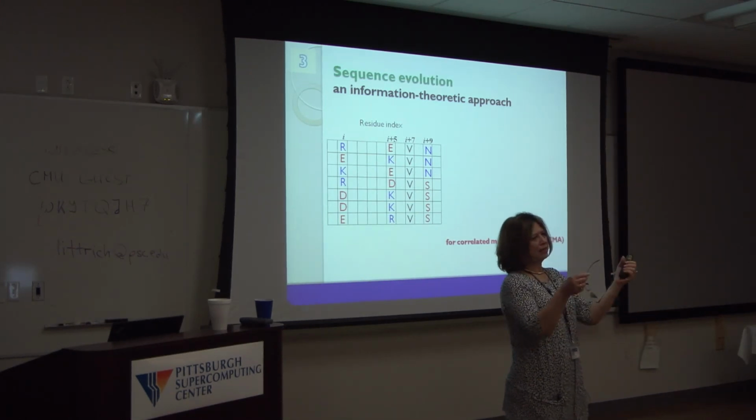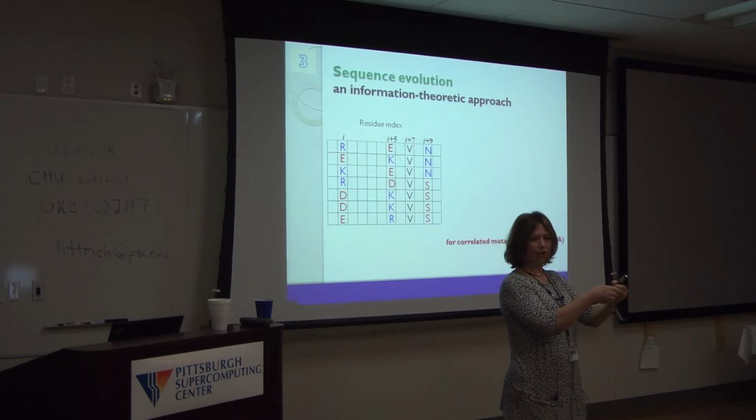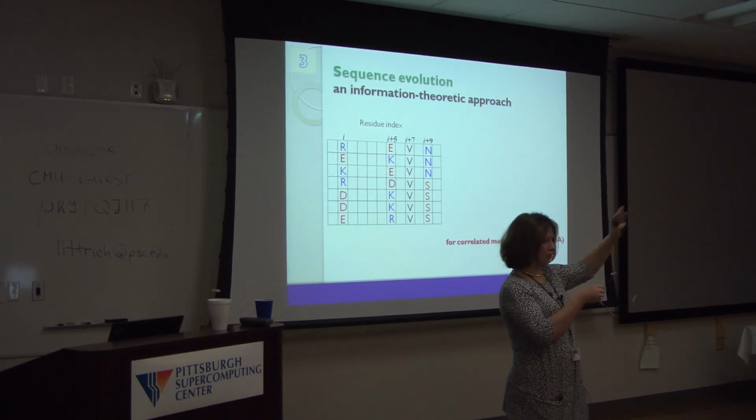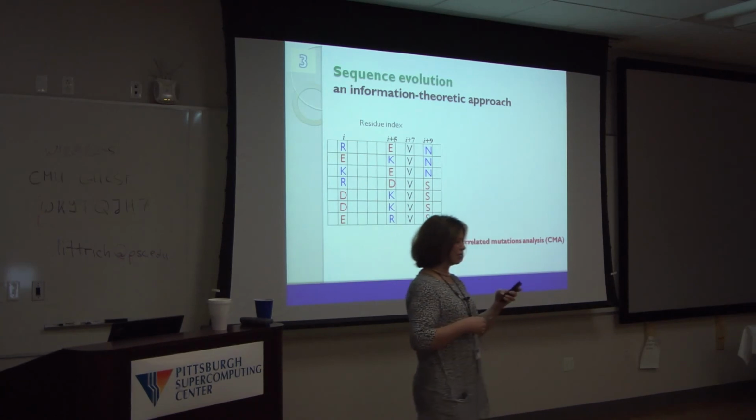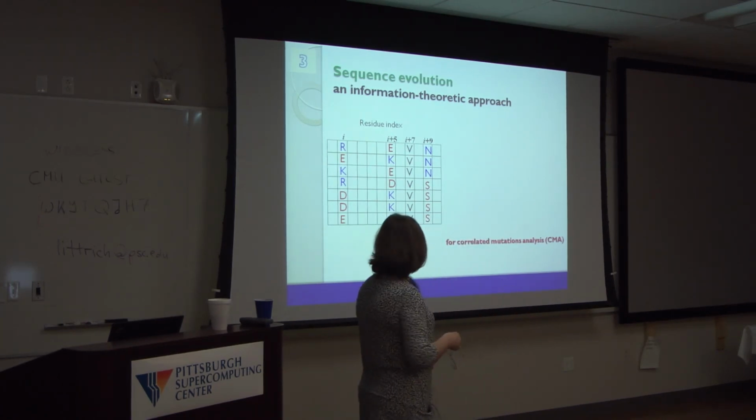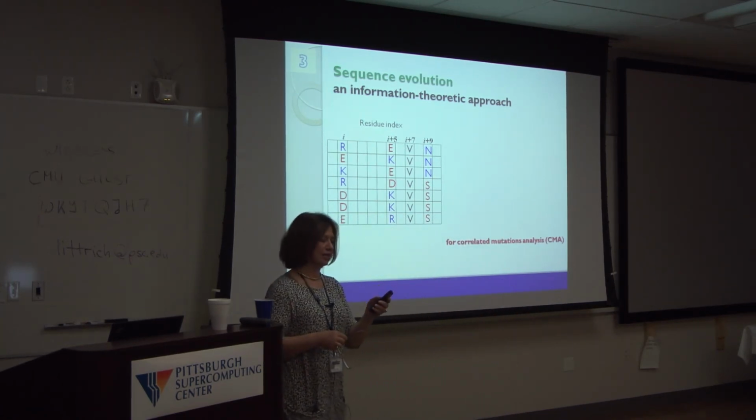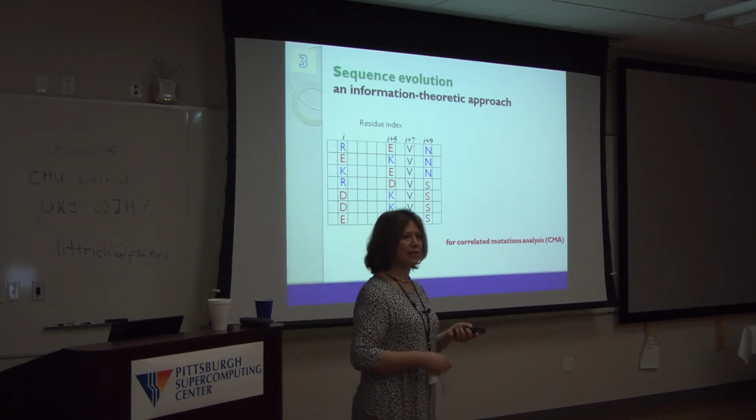We are thinking that not only interacting residue pairs that make contacts may co-evolve, but there may be some more allosteric effects. So something happening here may have a consequence elsewhere. Many of those signals that we detect are not necessarily contact-making signals.